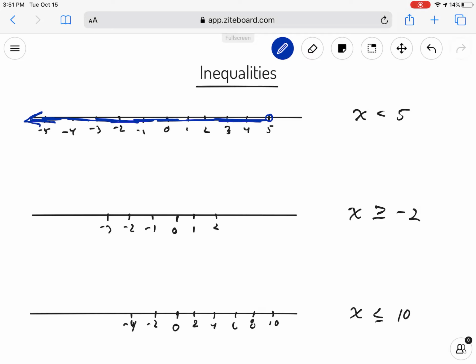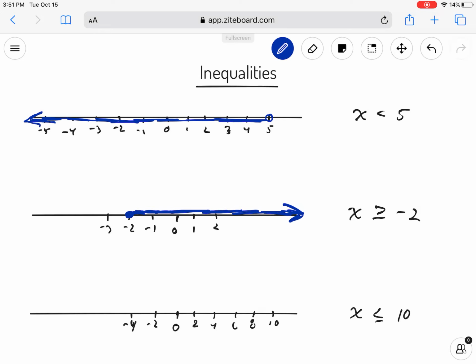Now here I have x is greater than or equal to negative 2. Since it's including negative 2, it's or equal to, I'm going to put a solid dot there, and now it says it's greater than, so I'm going to shade everything that's bigger all the way to infinity.